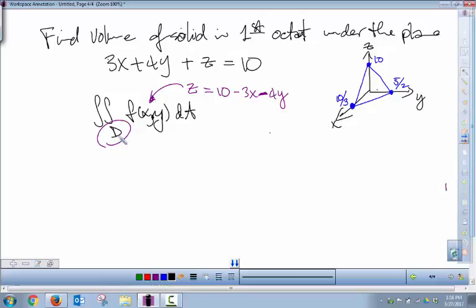Where is this D going to be? You understand my question? So if you set your y going from 0 to 5 halves, and then your x going from 0 to 10/3, what are you going to get? These are constants, right? You're going to get a rectangle.